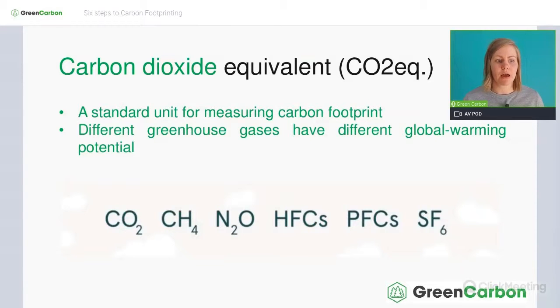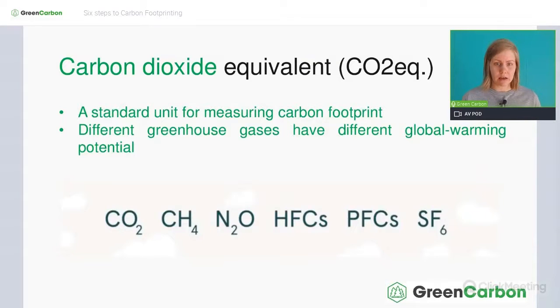And it means that different greenhouse gases have a different global warming potential. In this picture, you can see 6 different greenhouse gases. The most well-known greenhouse gas is of course CO2, carbon dioxide. The second one is CH4, which is methane.